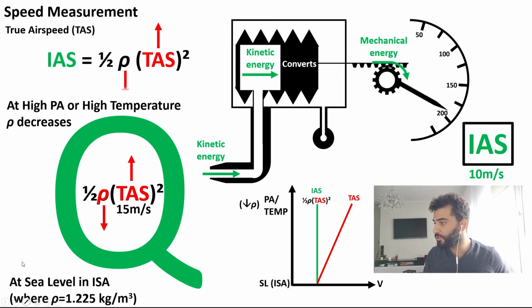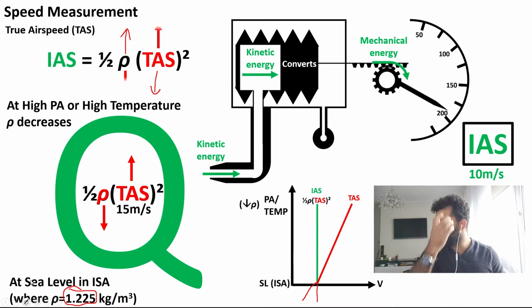The only thing that you need is simply to have an extremely high density, and then you're going to have a lower TAS. So if you have a density higher than 1.225 kilograms per cubic meter, then your TAS will be lower than the IAS. Clear for this?